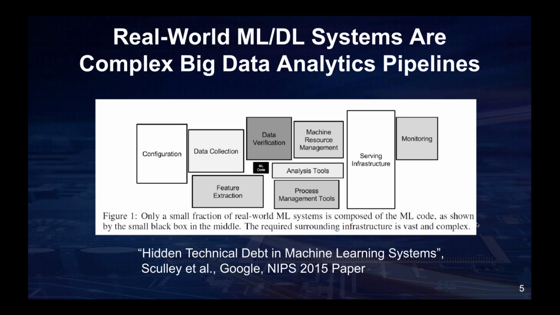And in this big data analytics pipeline, you also need a lot of components like data collection, feature extraction, machine resource management, model serving, infrastructure monitoring, etc. I think that creates a difficulty for big data users in how to integrate machine learning into their existing workflows. So go to the next slide.